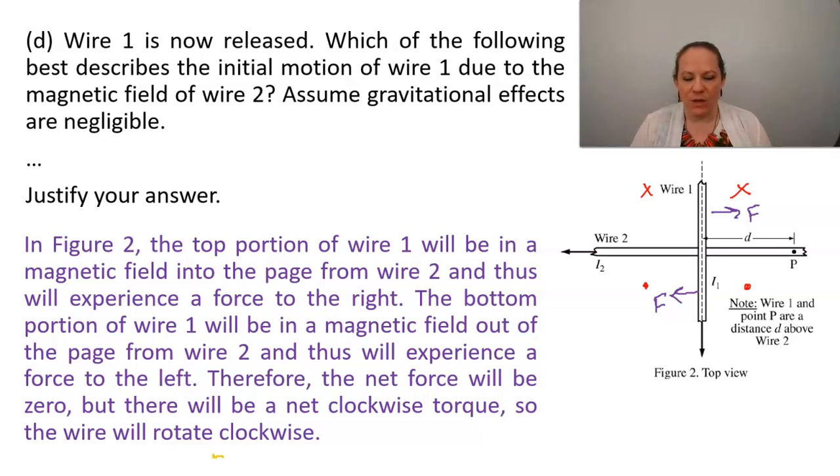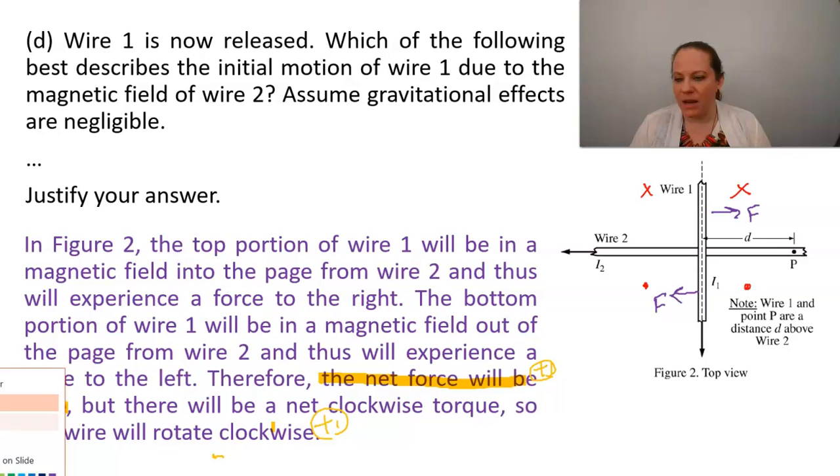So basically this statement right here that I'm about to highlight, so the net force will be 0, will earn you a point, but then stating that there is a net torque that causes a rotation will earn you another point.